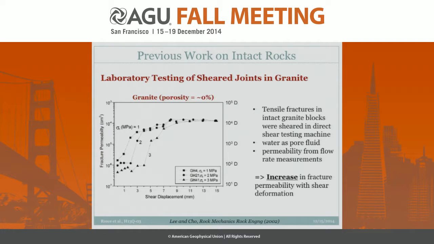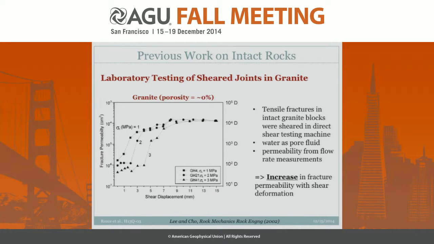There are several experimental studies out that try to relate the fault permeability to shear displacement. And here's one example on an intact rock. Li and Cho tested sheared joints in a granite, basically with a porosity close to 0%. They created tensile fractures in that intact granite block and then sheared it in a shear testing device.